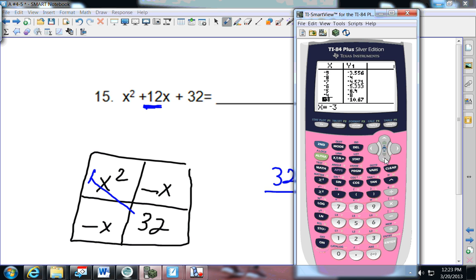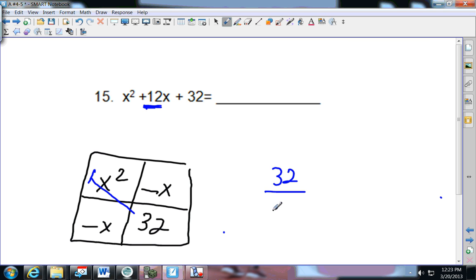Well, I need a positive 12. If I go right here, I've got 4 plus 8. 4 plus 8 is positive 12. So that means that I've got 4 and 8, because when I add them together, they equal 12.